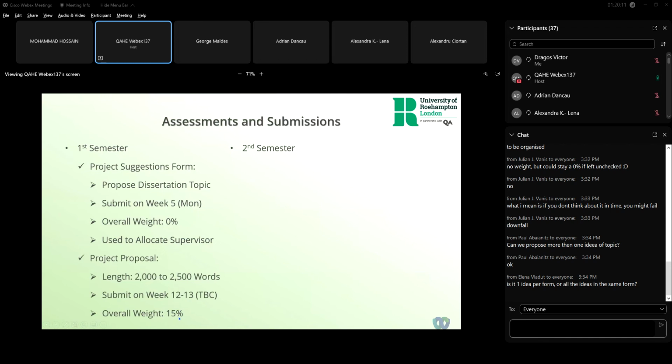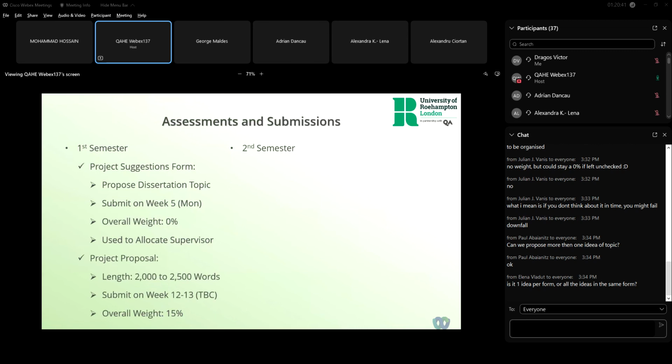However, the weight of the proposal may only be 15%, but the value of the proposal is huge. Because if you do your proposal by undertaking a serious effort, you are then in a very strong position to start your dissertation.